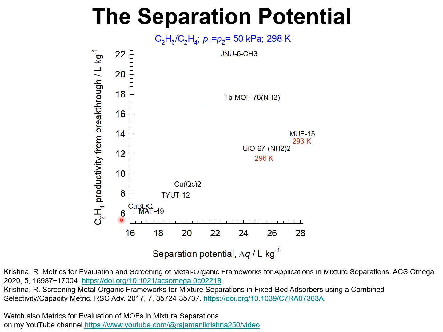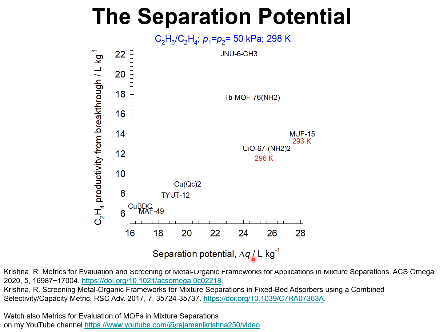In this graph, I plot on the y-axis the ethene productivity meeting the polymer grade specification from breakthrough experiments for a variety of MOFs, plotted as a function of the separation potential determined from the IAST.